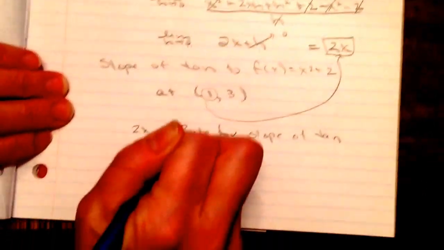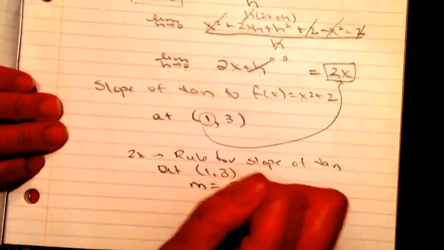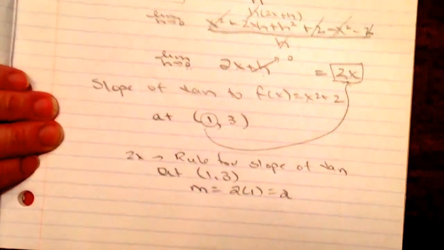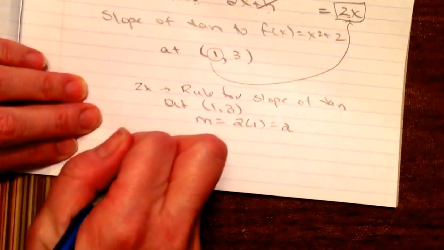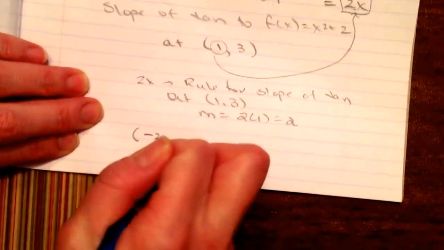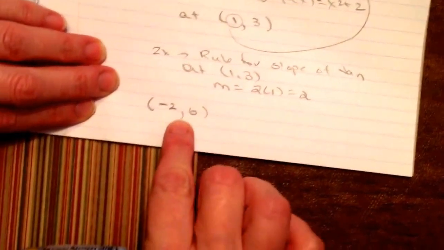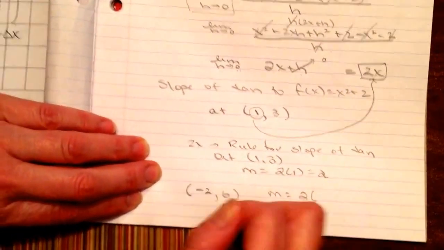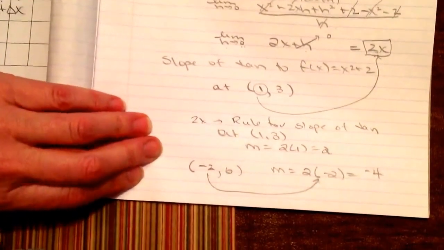So at 1, 3, that slope is 2 times 1, or 2. If I wanted to know the slope of the tangent at a different point, negative 2, 6, that's a point on my curve, the slope there would be 2 times the x value of negative 2. The slope at that point is negative 4.